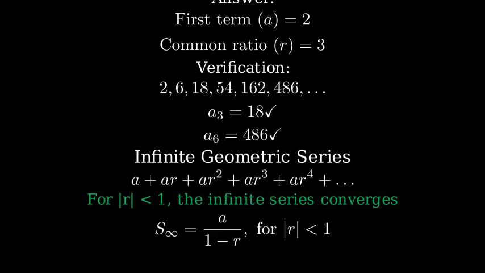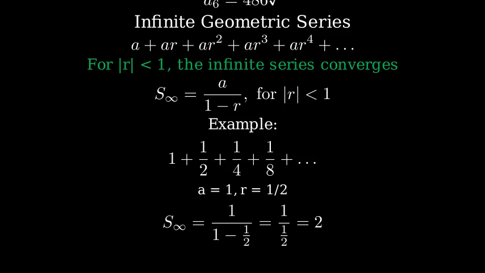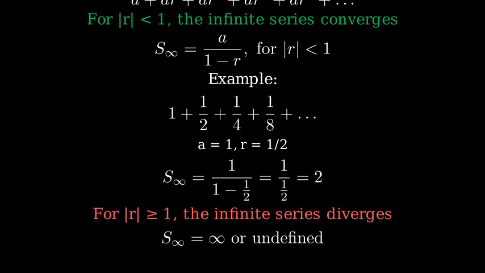For example, the infinite series 1 plus 1/2 plus 1/4 plus 1/8 plus so on has a equals 1, and r equals 1/2. Since the absolute value of r equals 1/2, which is less than 1, the sum is 1 divided by 1 minus 1/2 equals 1 divided by 1/2 equals 2. However, if the absolute value of r is greater than or equal to 1, the infinite series diverges, meaning its sum is infinity or undefined.